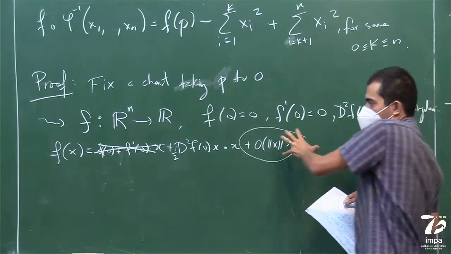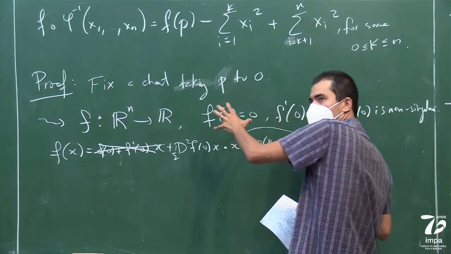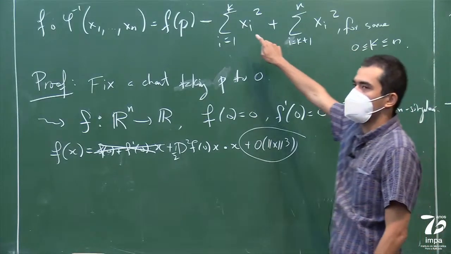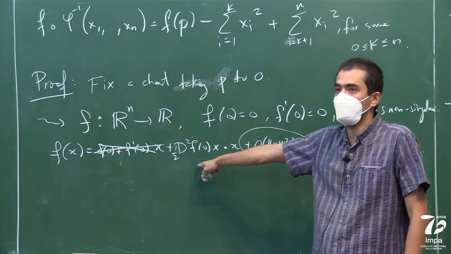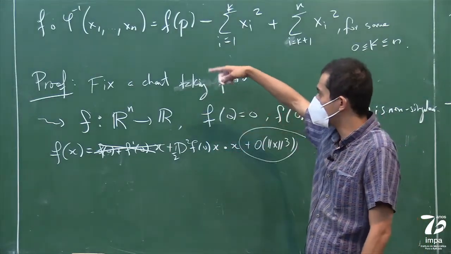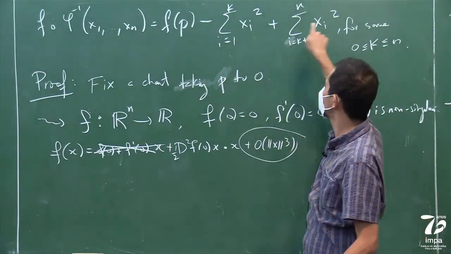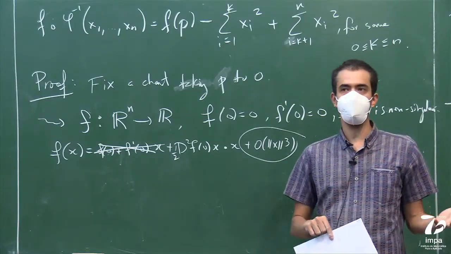I can bring this guy in here and change the basis to obtain this, not just using a linear change of transformation, which you can do because this matrix is symmetric, but something a little deeper that uses the inverse function theorem and makes it the identity with signs. Okay, so that's the idea.